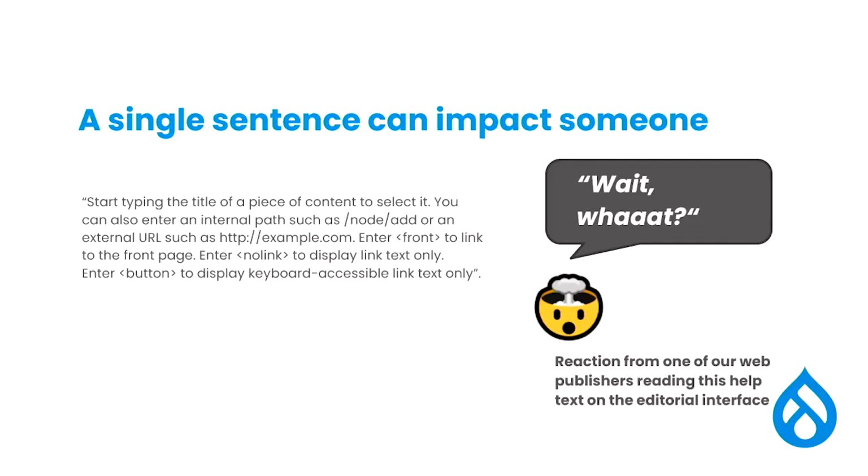So let me give you an example. I'm very pleased to say that this piece of text no longer exists on the editorial interface. But as Billy described with our path to roll out EdWeb 2, we went through an iterative process. And so one of the early releases that we put in front of our editors, we were making sure that the functionality was there and paying less attention maybe to some of the finer tuning.